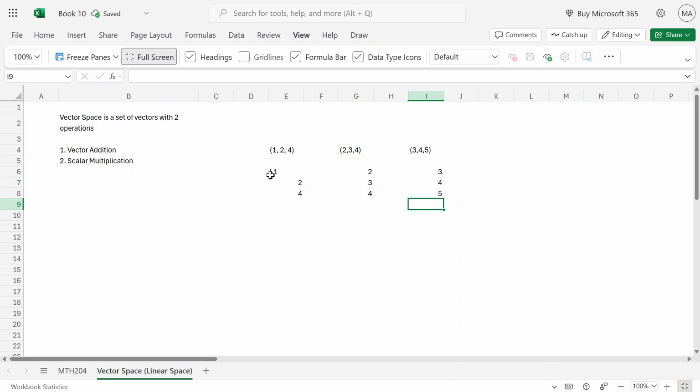Although there are numbers in each vector, they are not scalars. These are vectors. I don't want to complicate things.